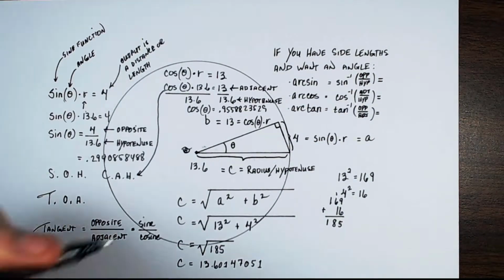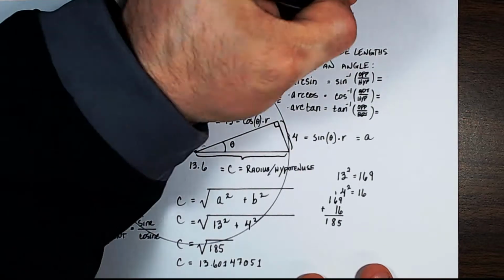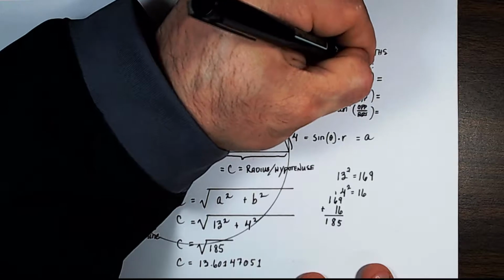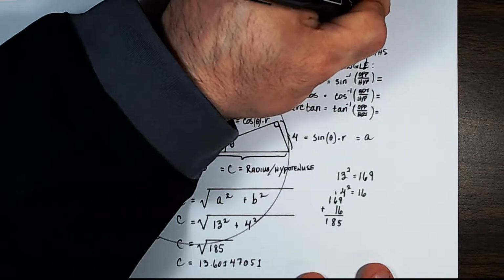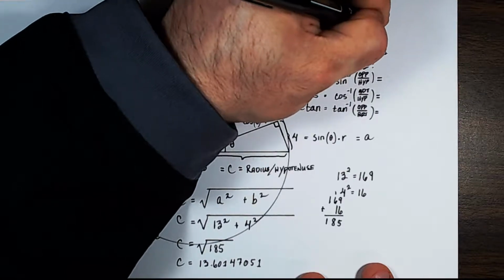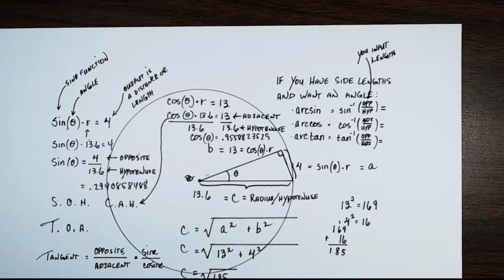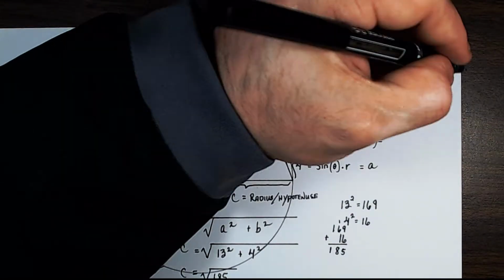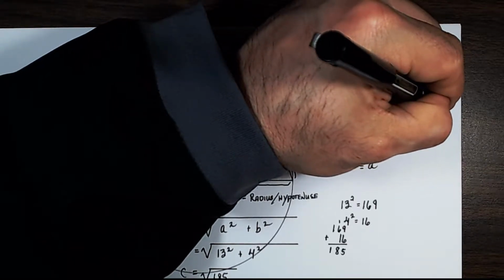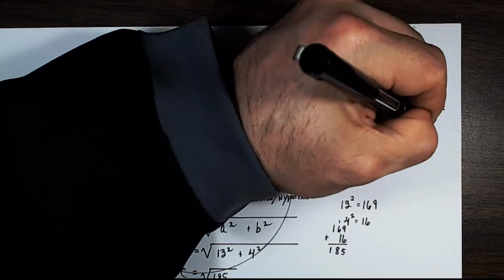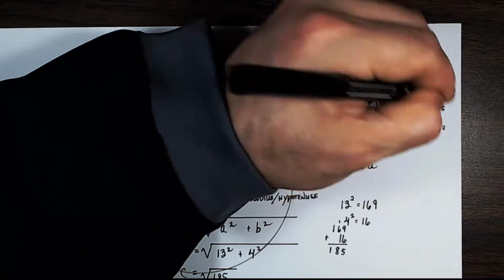So for arc sine or inverse sine or this function here, what you input is a length. And what gets output is an angle. So this is always going to be in degrees, what comes out of here. Degrees, degrees, and degrees.